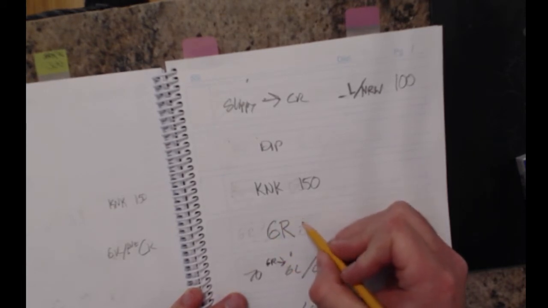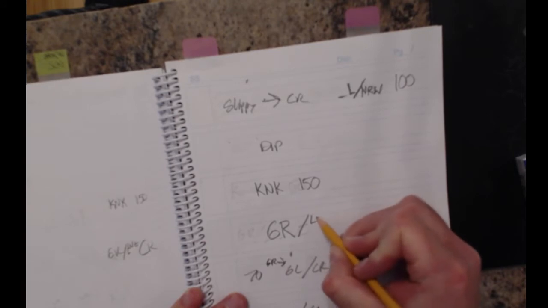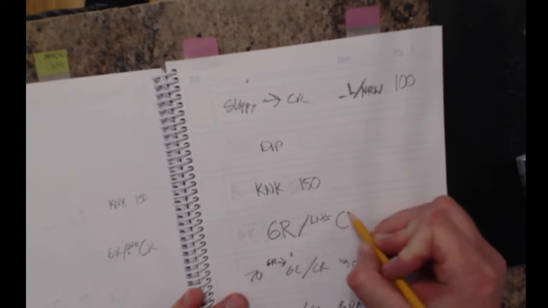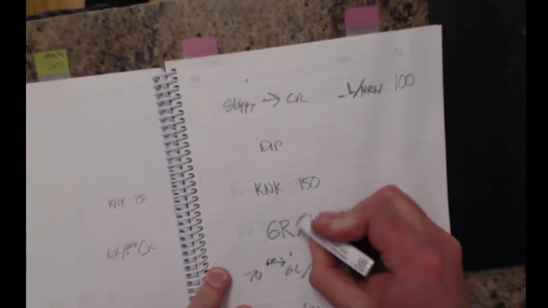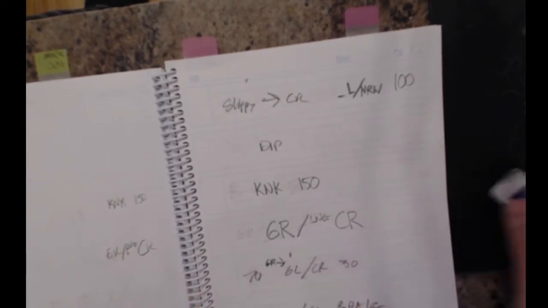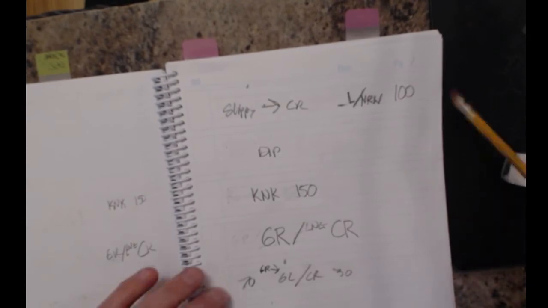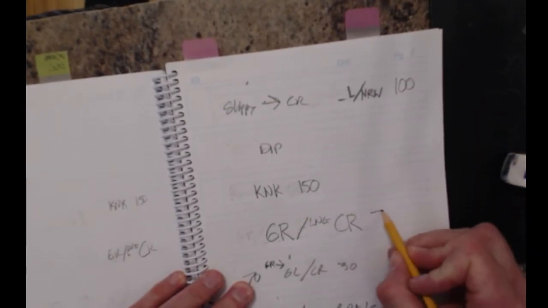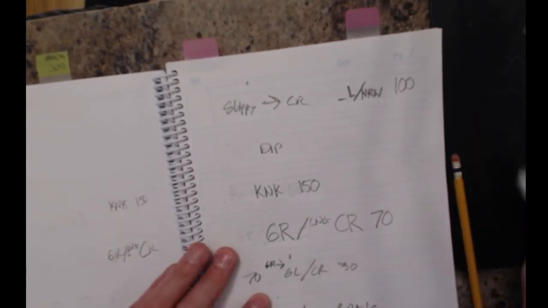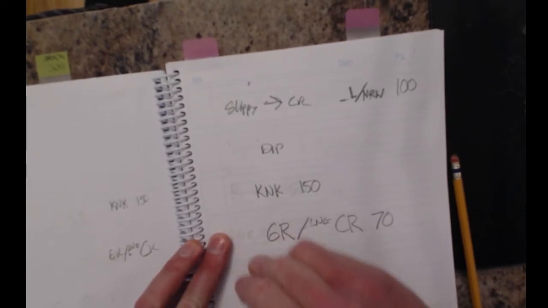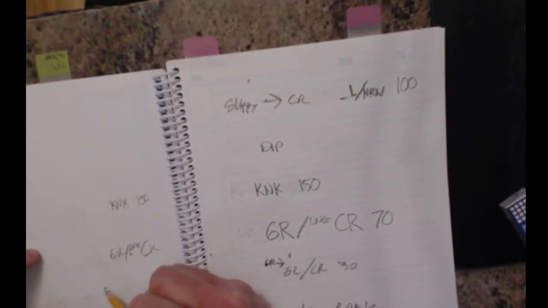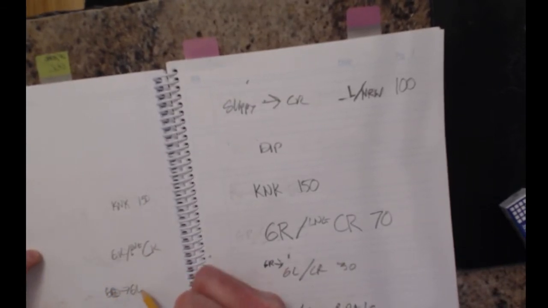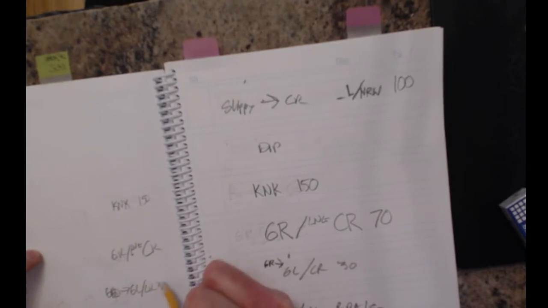So we are going to clean it up thusly. And then that's 70. Which gives us room to clean this up. So we've got a 6 right into 6 left over crest 30.